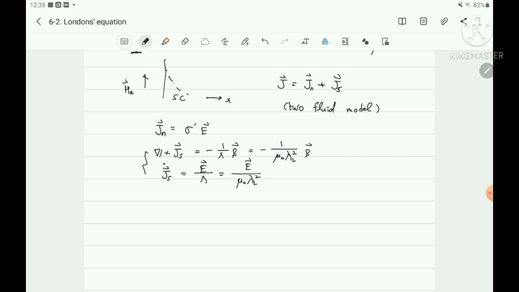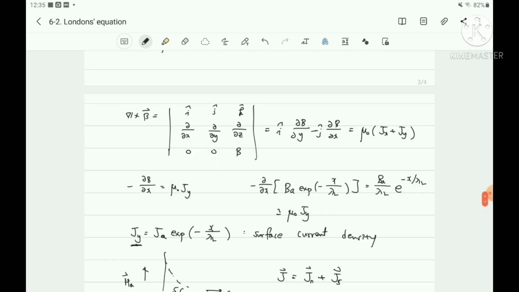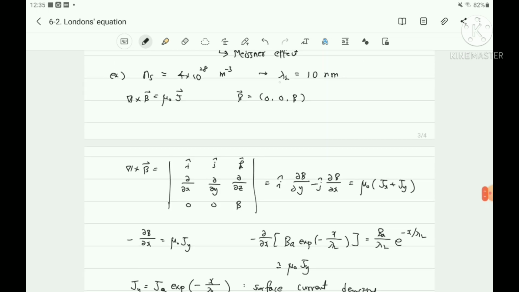The London equation is a very simple approximation. As we said, it describes the penetration depth, but the experimental value is greater than the London prediction by 2 orders of magnitude, so this very rough estimation is not a correct theory compared with experiment.